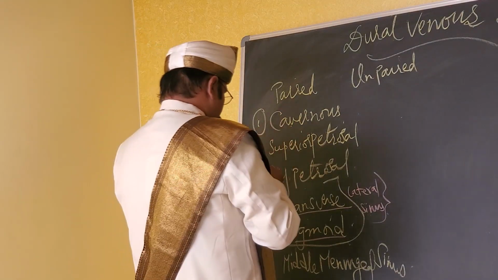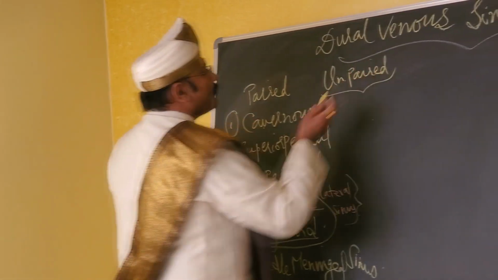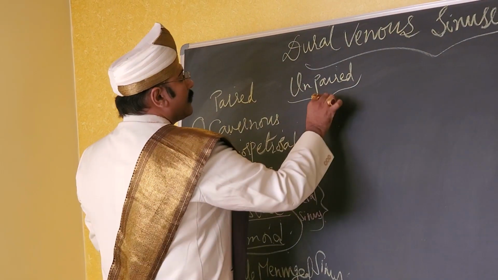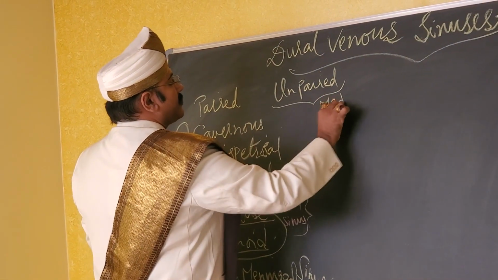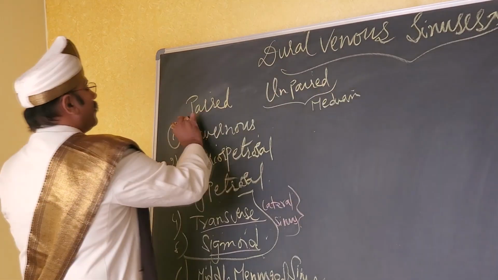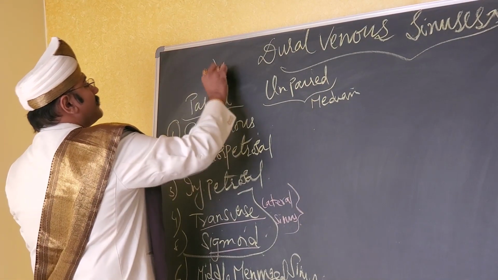Then coming to the unpaired sinuses. What are the unpaired sinuses? They are median or central in position, whereas the paired are on the right side and the left side.